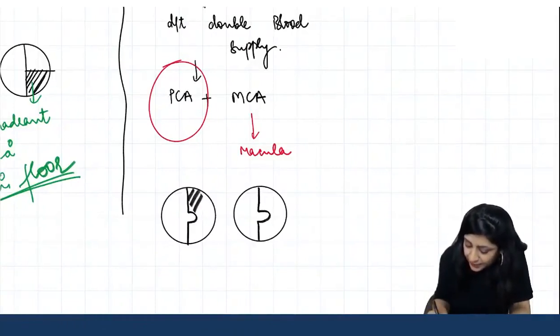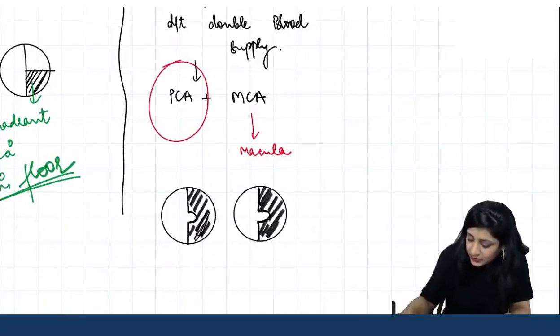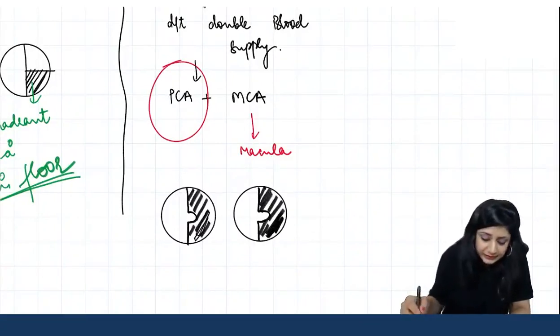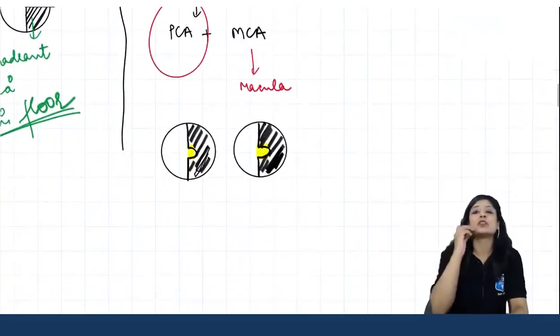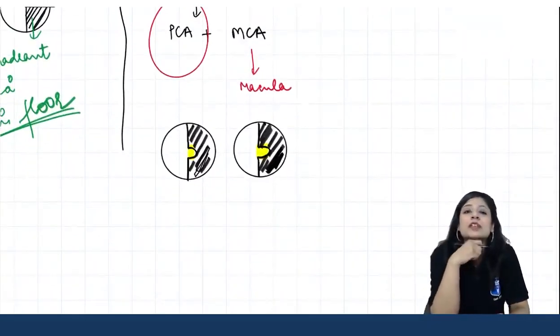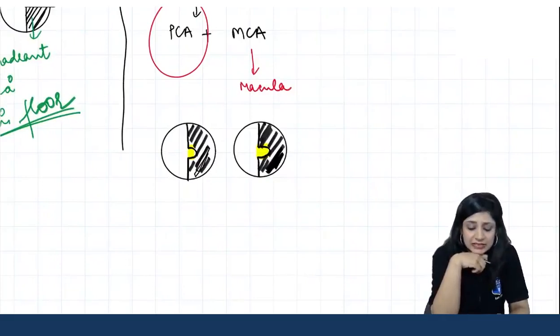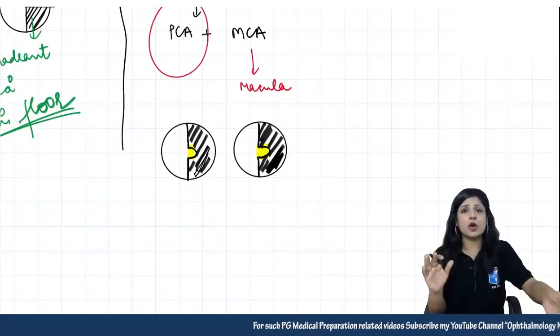So we are having the peripheral vision loss here, something like this. But the center will continue to have vision. This is called macular sparing. Macular sparing is due to the double blood supply which is taking place in the cases of the visual cortex. Clear hai? I think ye question resolved hai.